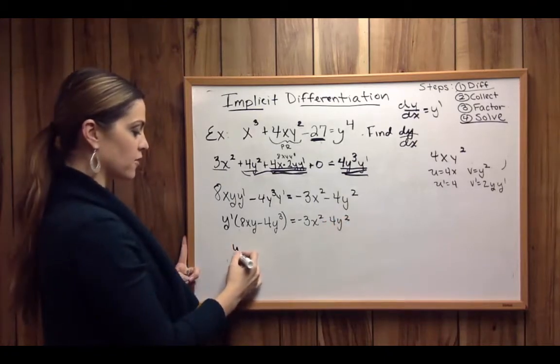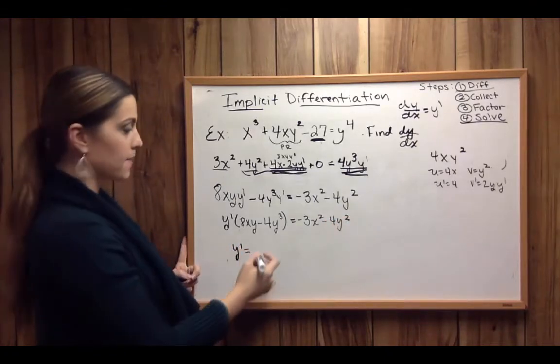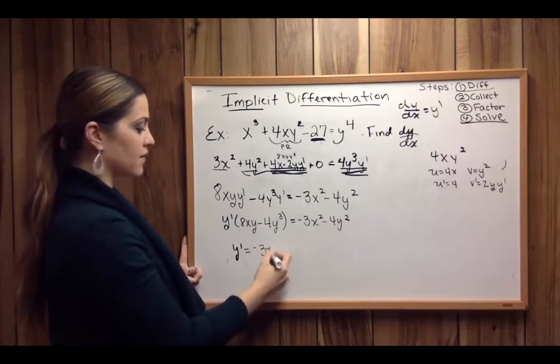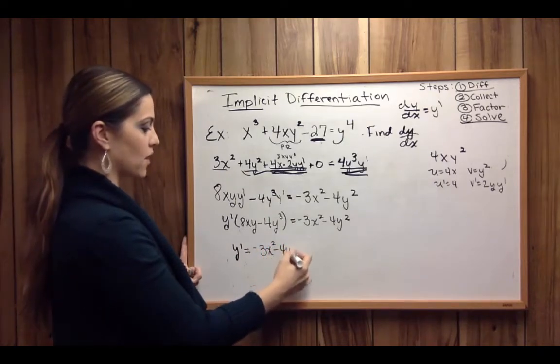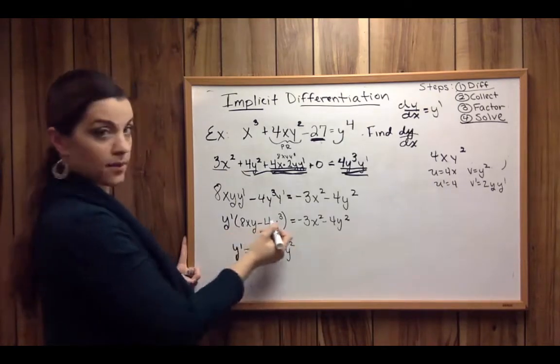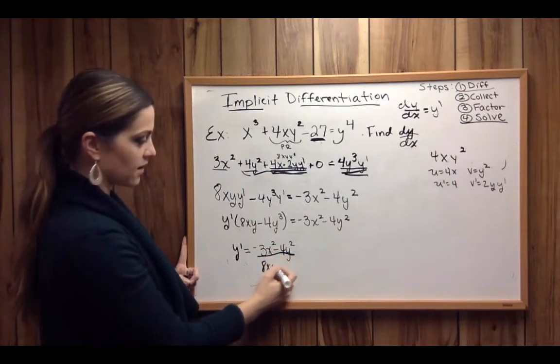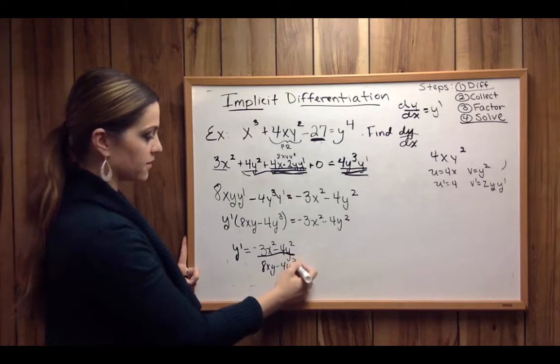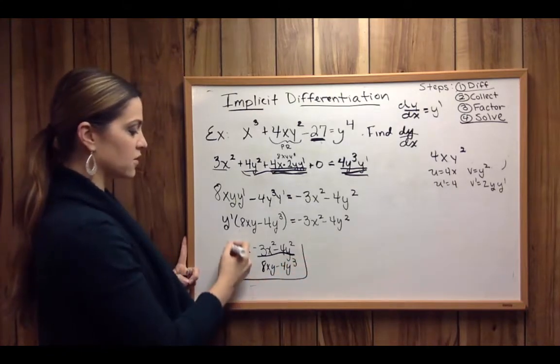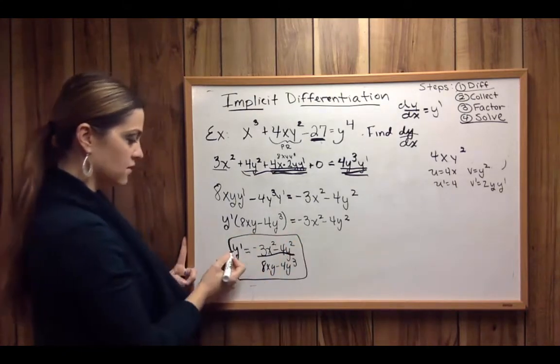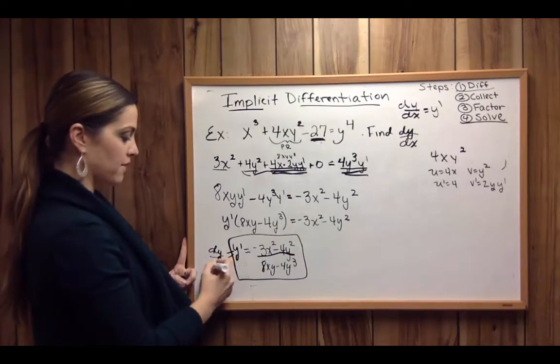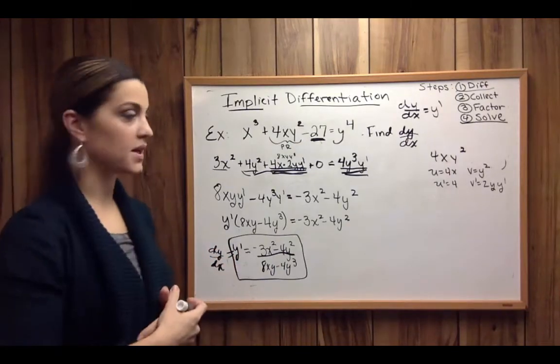And your derivative, or dy/dx, or your y prime, is negative 3x squared minus 4y squared, divided by that parentheses, so divided by 8xy minus 4y to the third. And that is your dy/dx, or your y prime, depending on how you want to notate it.